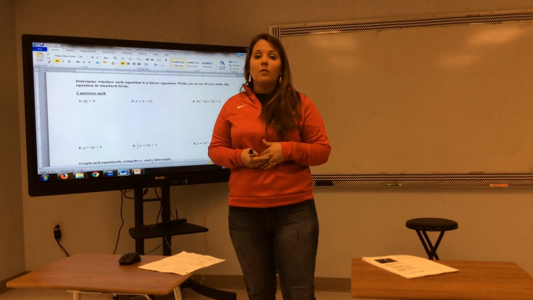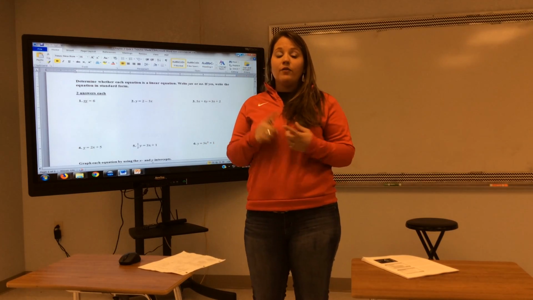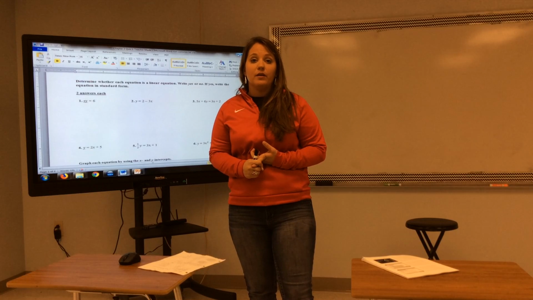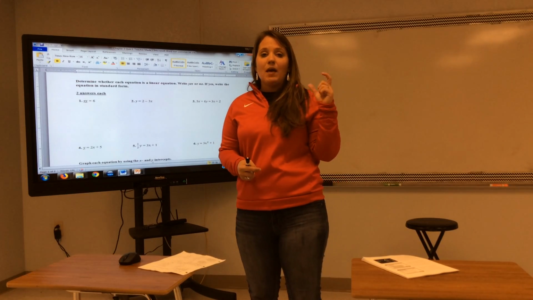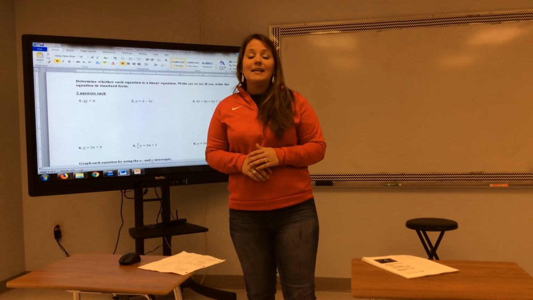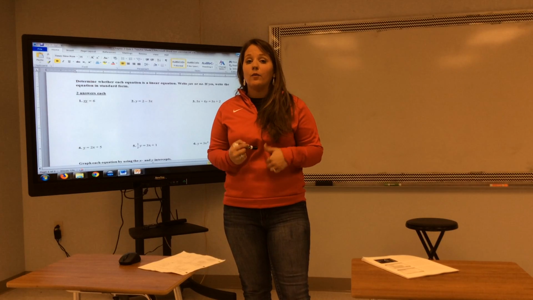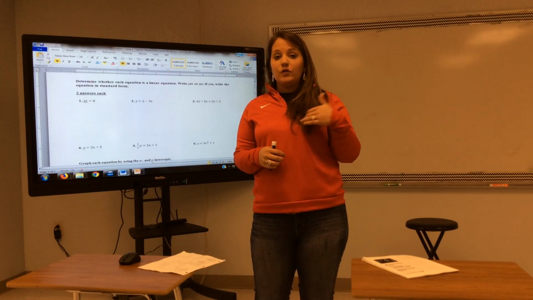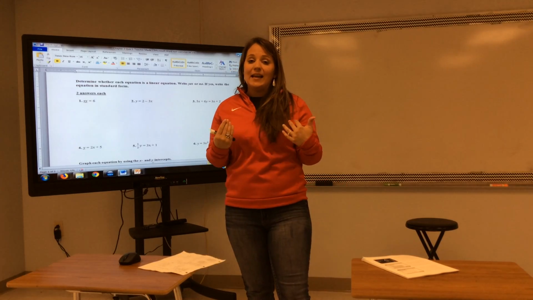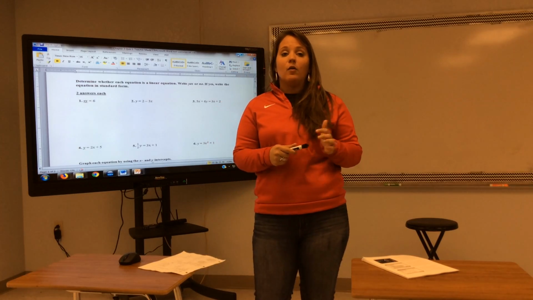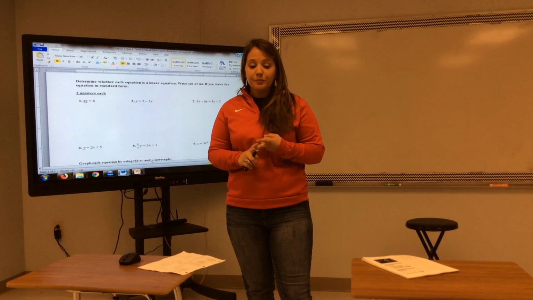Some of the things that we know are not linear equations are when our variables have exponents other than 1. So if there's an x squared or an x to the 4th power, anytime you have a power other than 1, it is not a linear equation. Anytime you have a square root or a cube root, so if you tried to undo a power, if you have the little radical sign anywhere in your equation with your variables, it is not a linear equation.